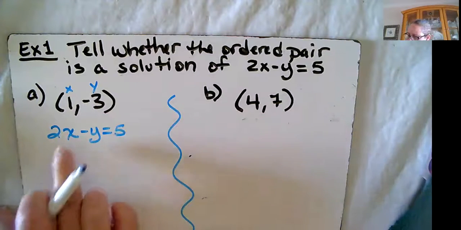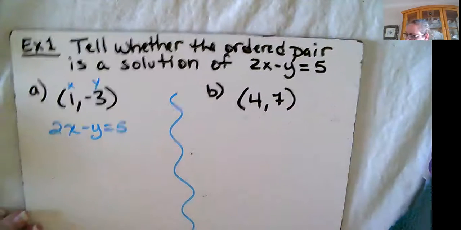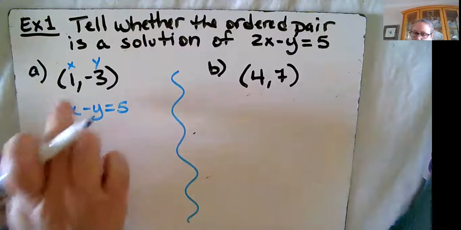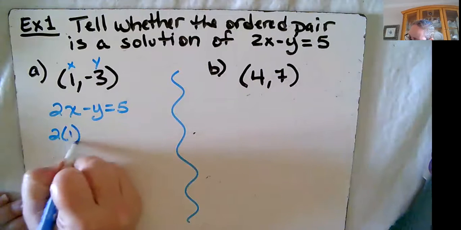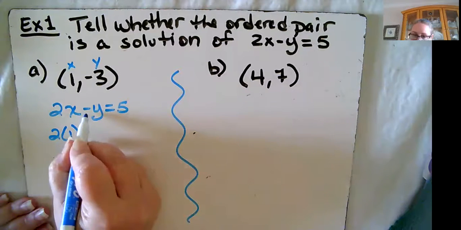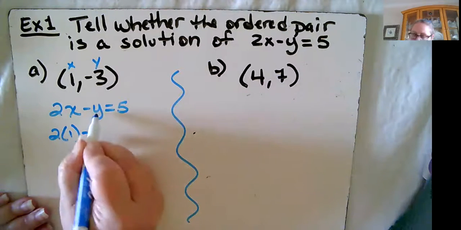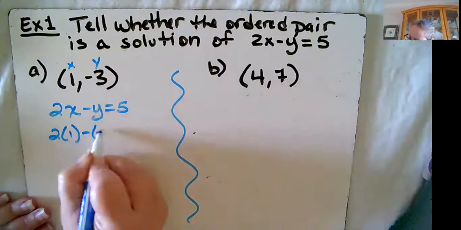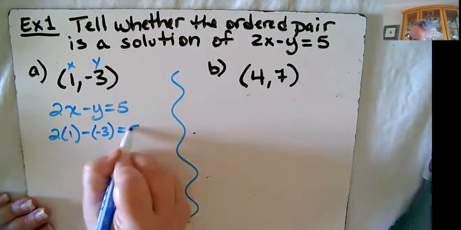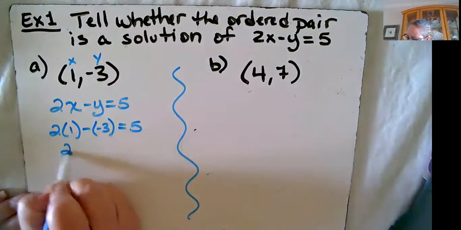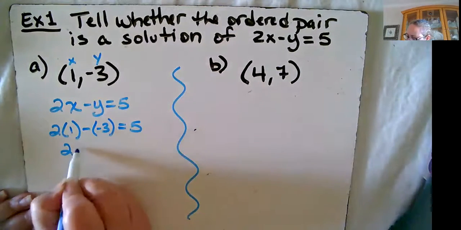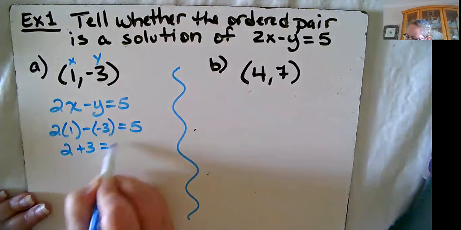We're going to substitute in our x and our y to see whether or not this is a solution to our equation. So 2 times 1 minus, that's there because of the equation, and then our y value itself is -3. And then we simplify. 2 times 1 is 2, a negative and a negative gives us a positive.